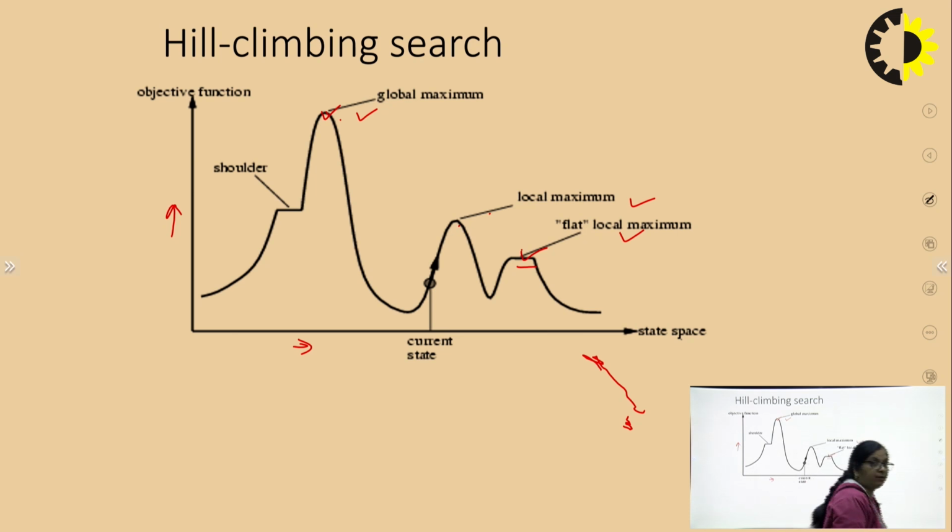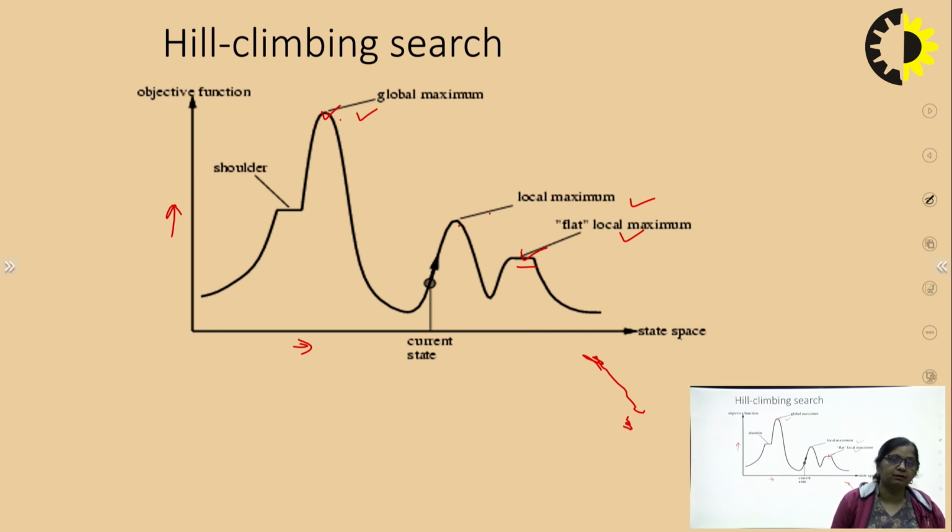So we should be able to reach the best solution, which has the global maximum value of the objective function. This type of situation is also called a flat area. Flat means plateau. Plateau means we have reached a situation where the neighbors also have the same objective function value.